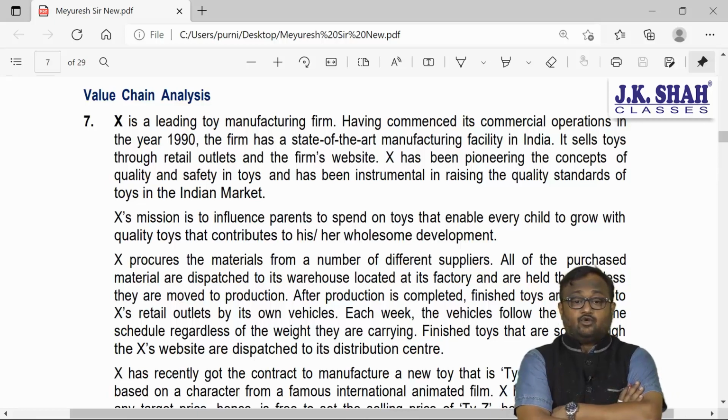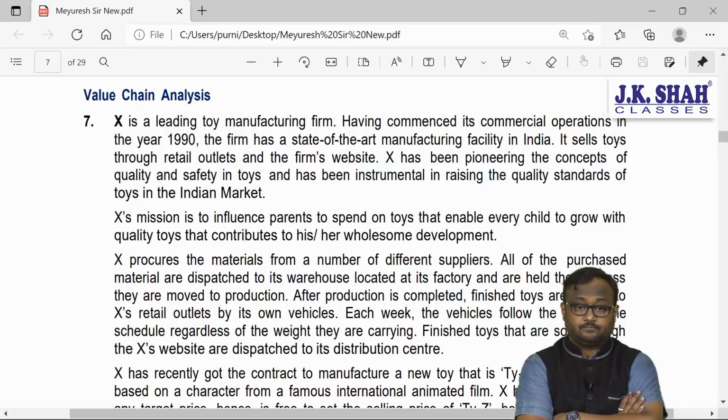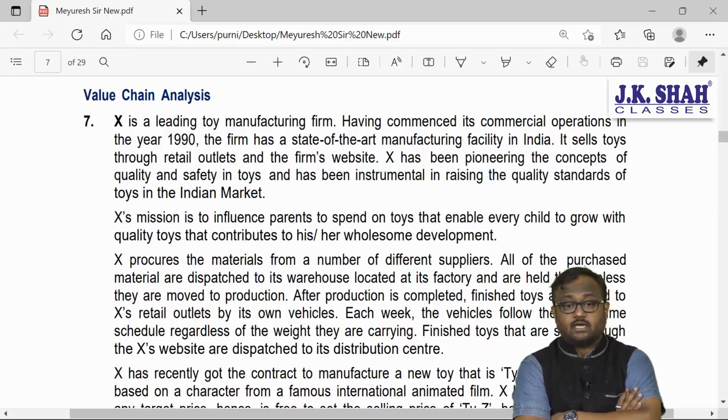X is a leading toy manufacturing firm having commenced its commercial operations in the year 1990. The firm has a state-of-the-art manufacturing facility in India. It sells toys through retail outlets and the firm's website.